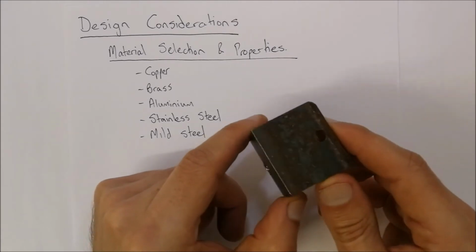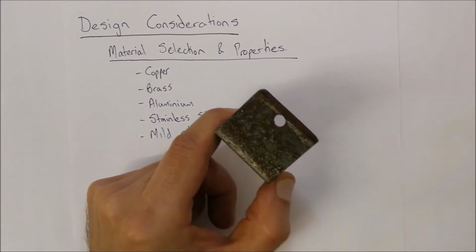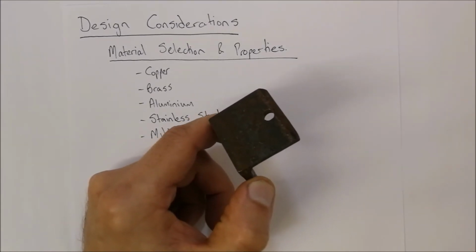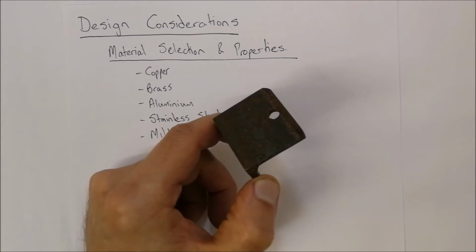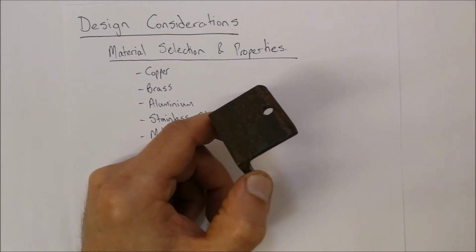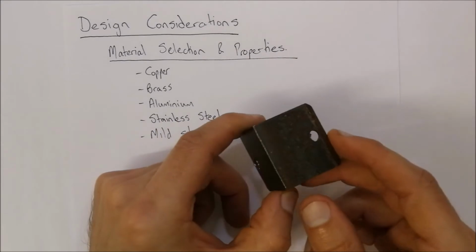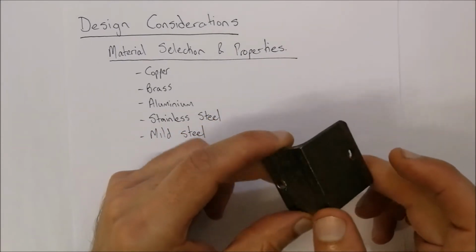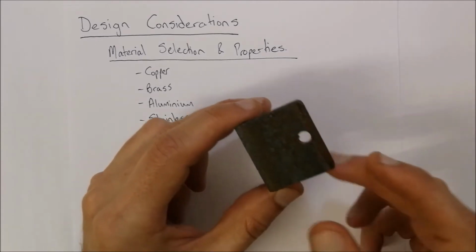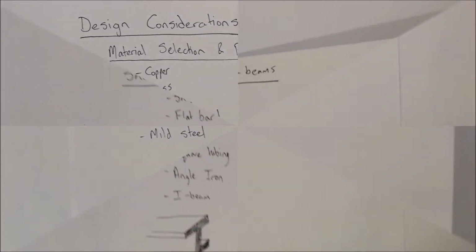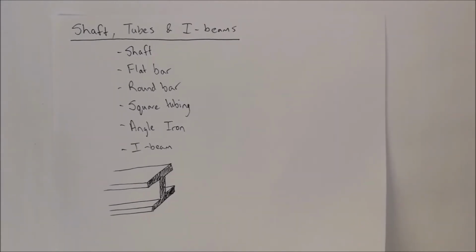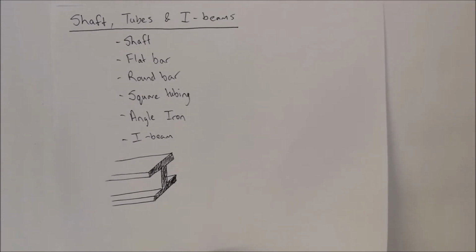So it's got advantages in terms of being easy to machine, and you can also heat it up and cool it down quickly, and you can make it to have different properties in terms of strength, and so on. But at the end of the day, it's got its place, but it depends on what you're going to be building. Okay, so shaft tubes and I-beams. These are the types of things we're going to be looking at.